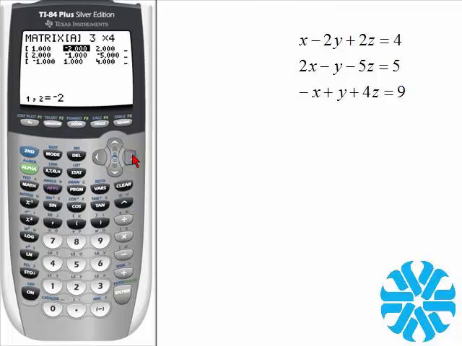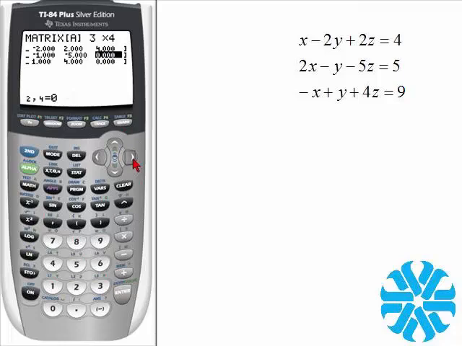So the first one is 1, that's okay. The next one is minus 2, that's okay. The next one's 2, that's okay. And then we need to change this to 4. So we select enter. And this value is fine, this value is fine, and this value is fine.